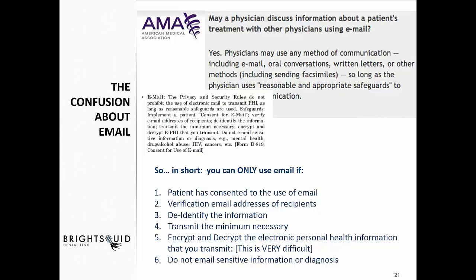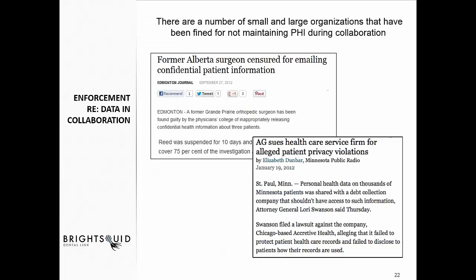If I consider for a moment some of the things that have happened around electronic data exchange through email, again, a Canadian reference here, but there was an Alberta surgeon who emailed 3 images of his patients to who he thought was going to be one of the colleagues.